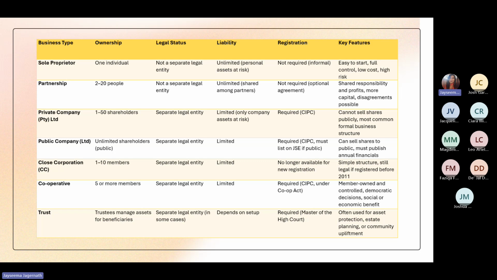Trusts can sometimes have conditions attached, so there are various reasons why you would want a trust. So those are the types of businesses that are available, and how you would apply them if you were given a case study.